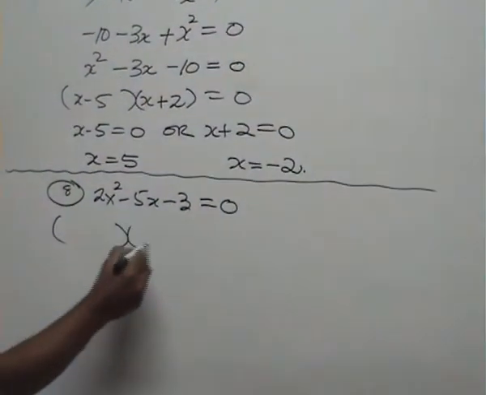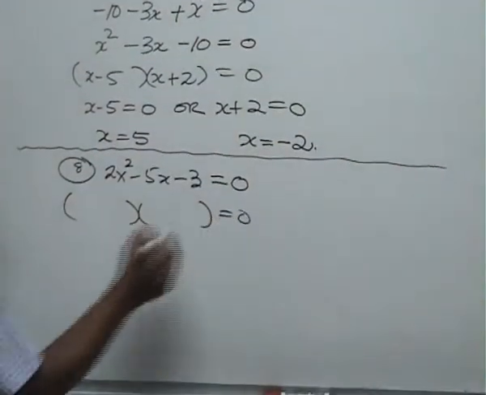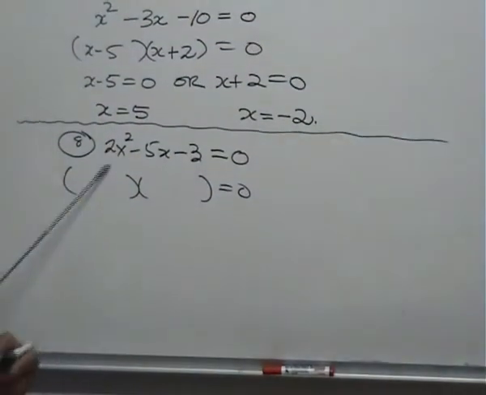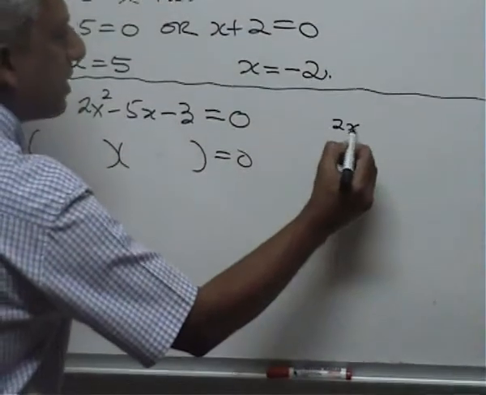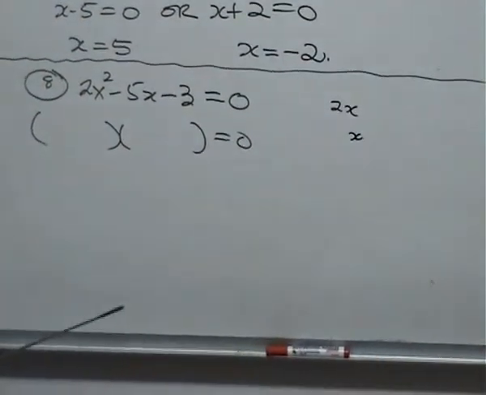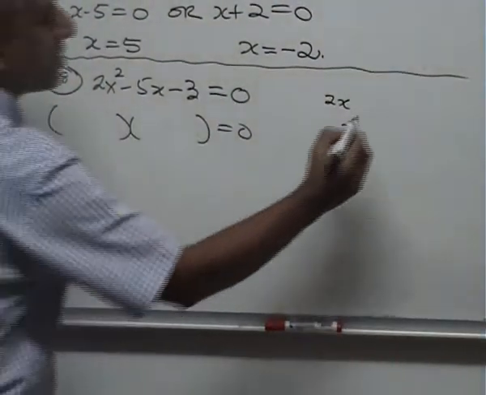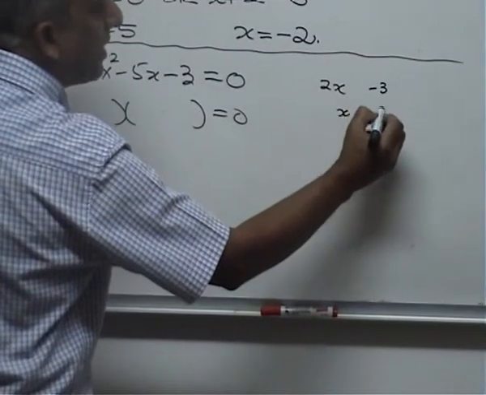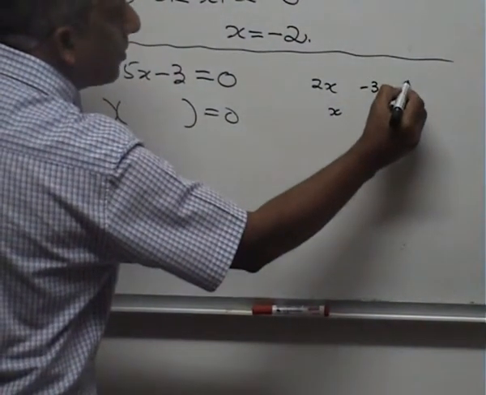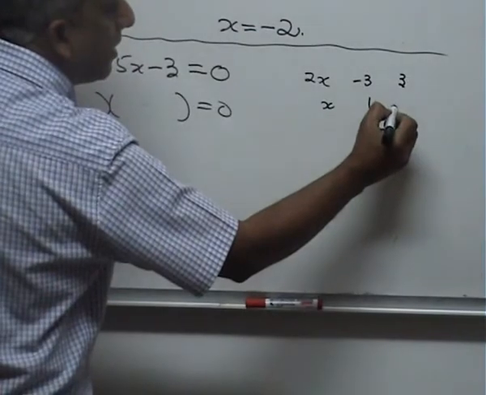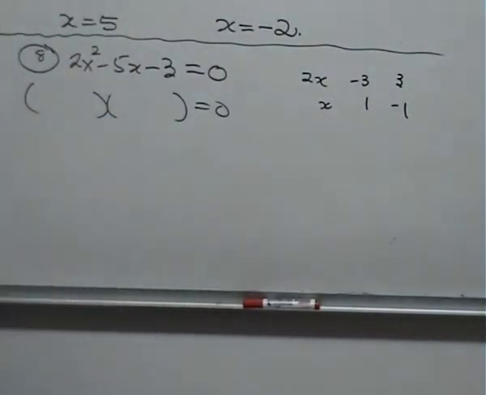So factorizing this one, you got to take it easy. So there's 2x squared. I'm going to demonstrate this one. So there's your 2x and x. Then that is minus 3. So it could be minus 3 and 1, or it could be 3 and minus 1.